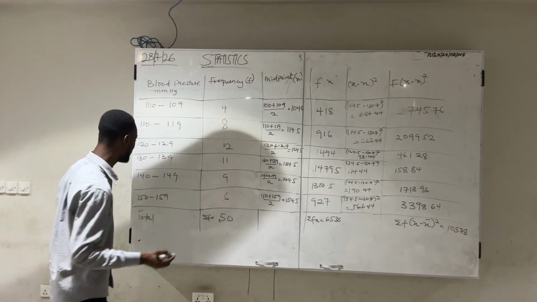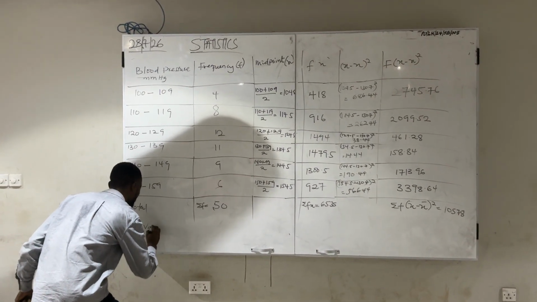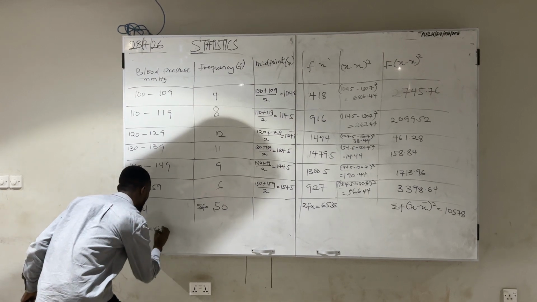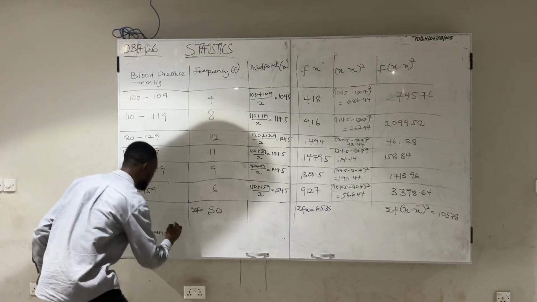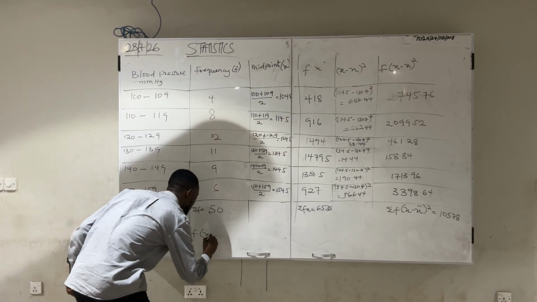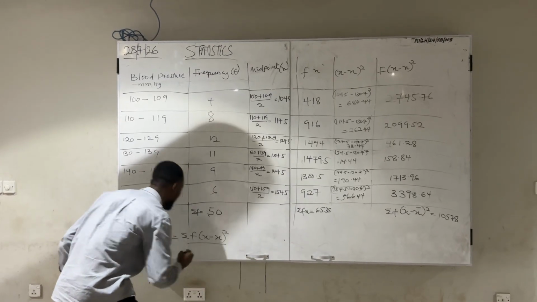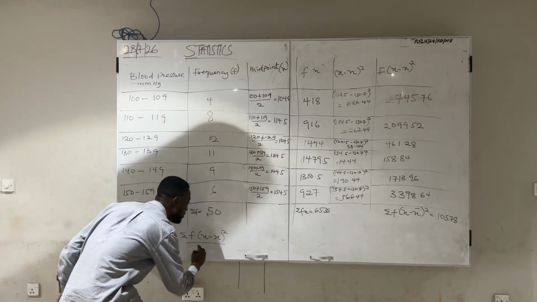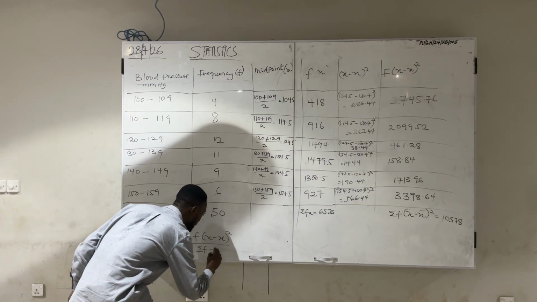So for sample data, you know that the variance will be equal to the summation of f multiplying the deviation, all divided by, for sample data, the summation of the frequency minus 1.